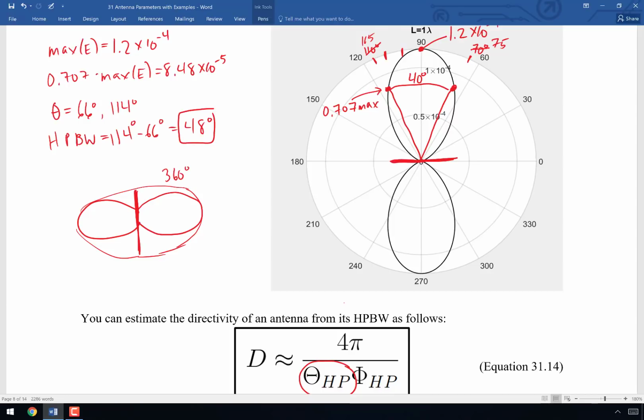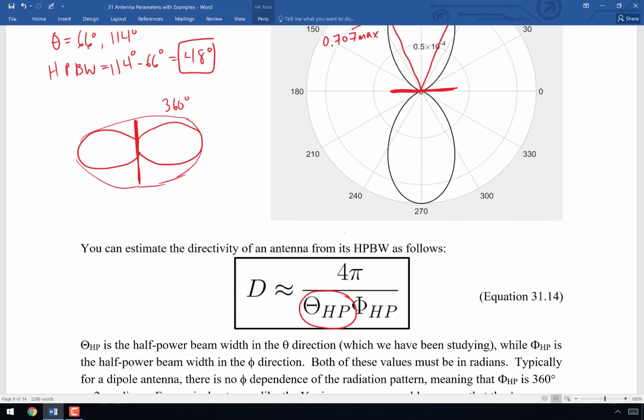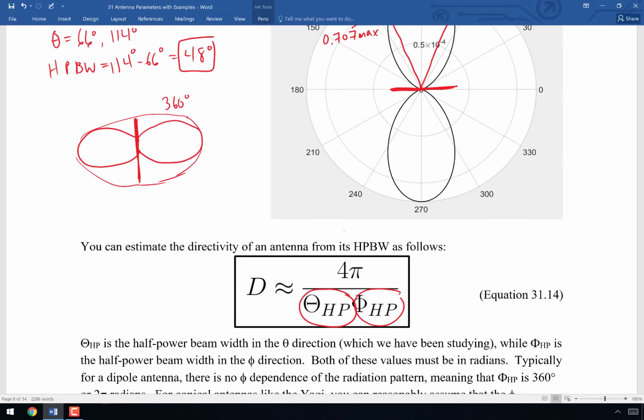So in that direction, the half power beam width is just equal to 2 pi. Very often what we're going to find is that the half power beam width in the phi direction is equal to 2 pi. This is what we've been calling the half power beam width. And I should say that there are some examples.